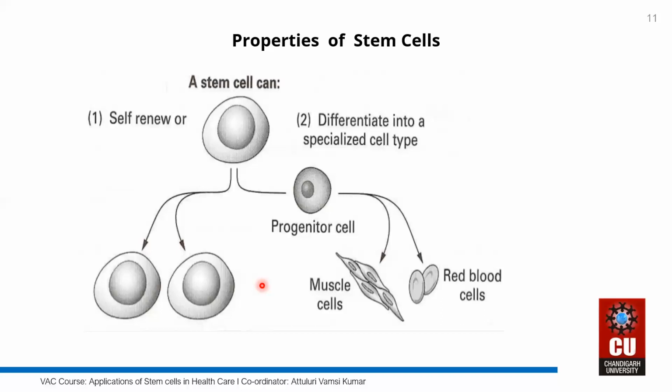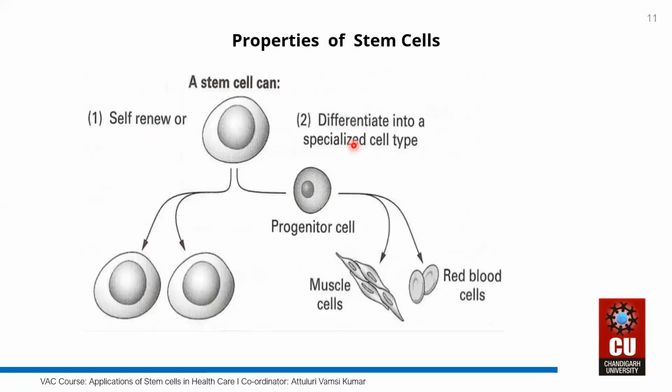A stem cell converted to a red blood cell, a stem cell converted to a white blood cell, that is called differentiation. The second property is self-renewal. A stem cell will be converted back to a stem cell. So these are the two properties of stem cells. One is self-renewal, a stem cell to a stem cell, and the second is differentiation, conversion of a stem cell into another type of cell.